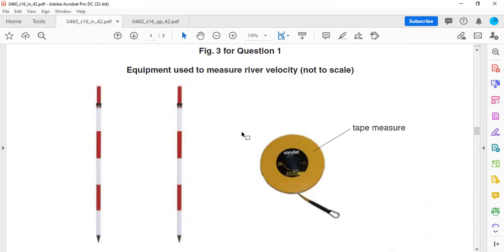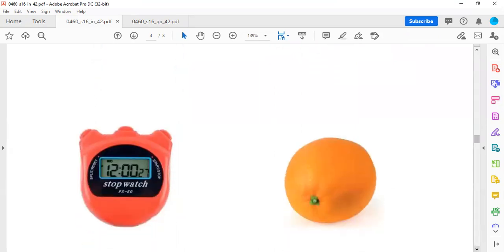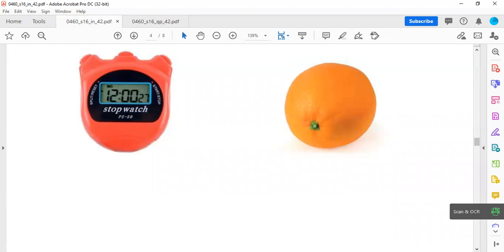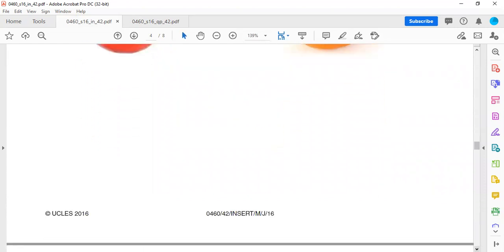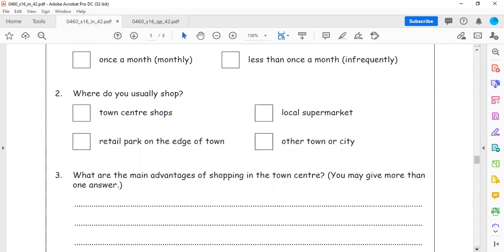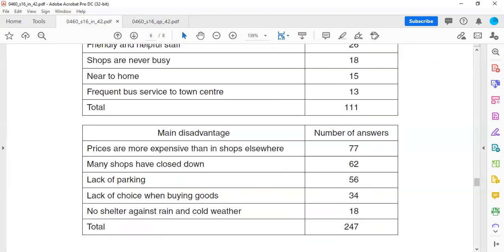It is used to hold the tape rule at the bank of a river, to fix it to the ground, to mark a point. This is a stopwatch, and this is a float. So back to our question. I just quickly digress. This is an example of a questionnaire that they expect you to understand how they form.